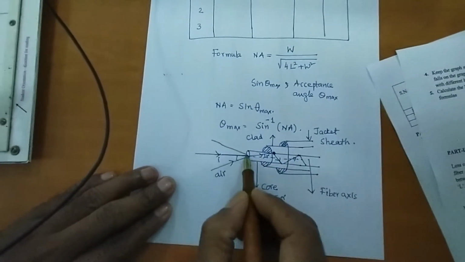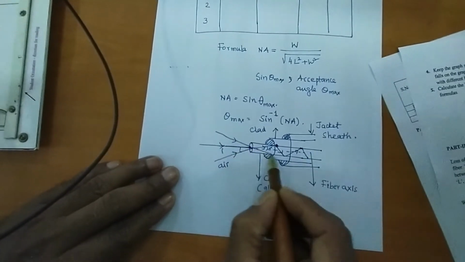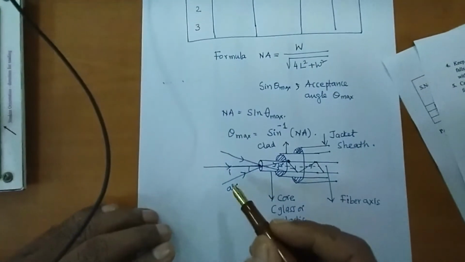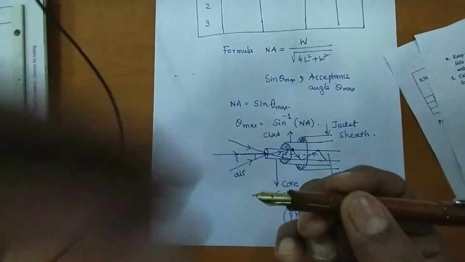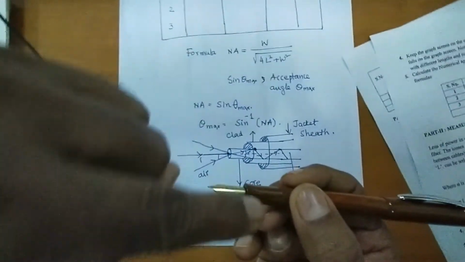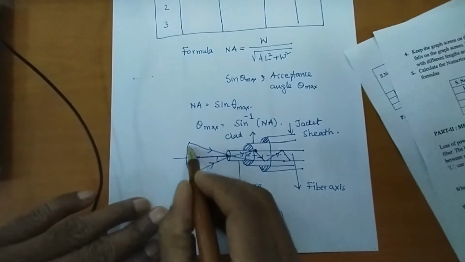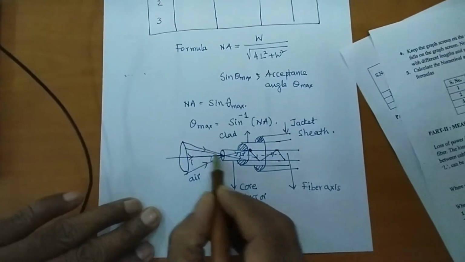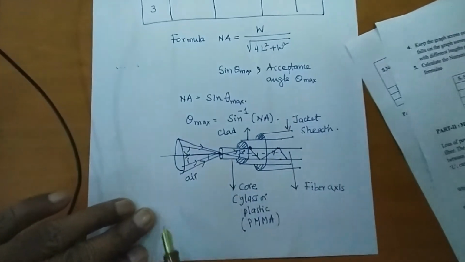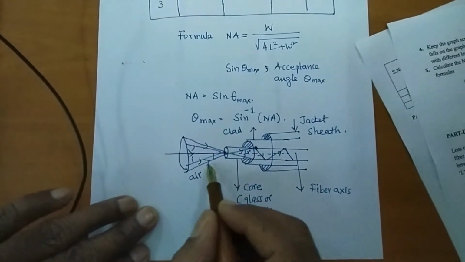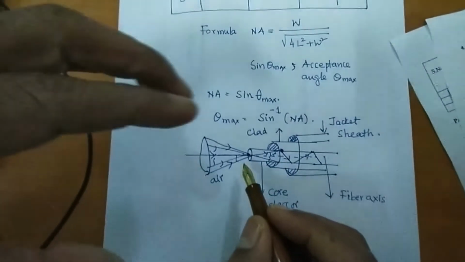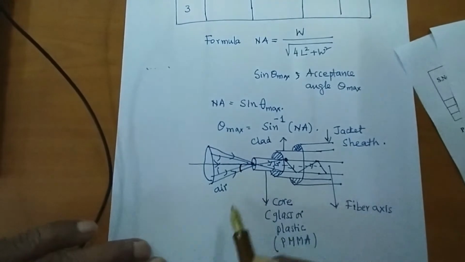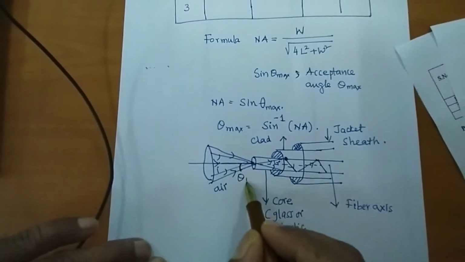Similarly also I can take the light ray going and striking here. So therefore, as it is three-dimensional, the light ray can go like this, can go like this, can go like this. Therefore, we'll have a cone of light. So all those light rays which are going in this cone angle, this is called the acceptance angle, maximum angle theta I'll call it.